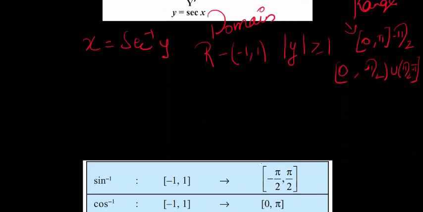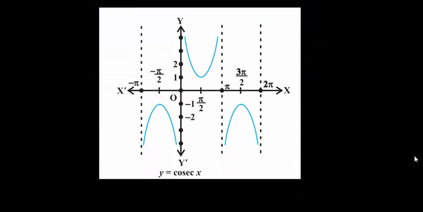Now let's look at cosecant function. I'll come back to that table. Let's look at cosecant function. Again, this is not a invertible function from here to here. I can see that there's going to be multiple values. Again, I'm going to have a curve, something like this, and a u here, and a parabola basically.